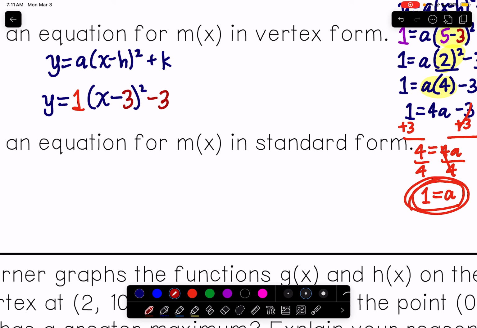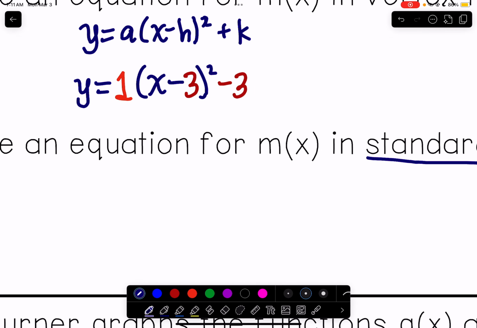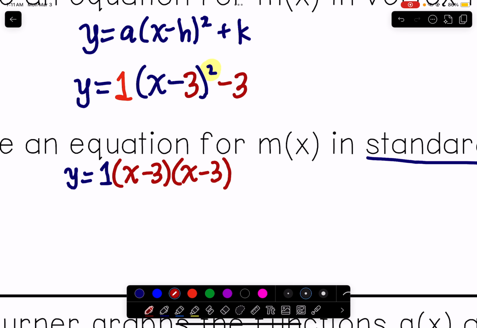Now let's simplify that into standard form. So, as usual, these are not like terms. So I can't use parentheses here, but I can square it. So I'm going to have y equals 1 from right here times x minus 3 times itself, and then minus 3.